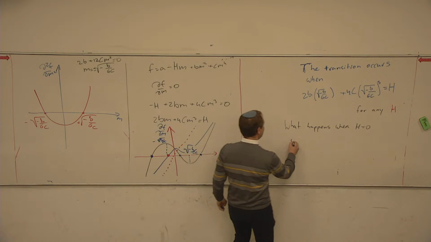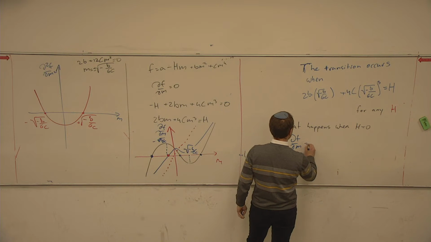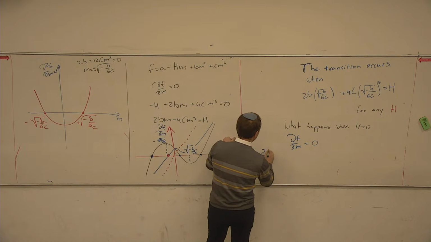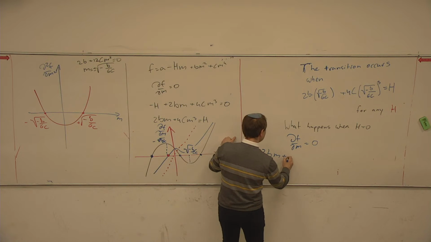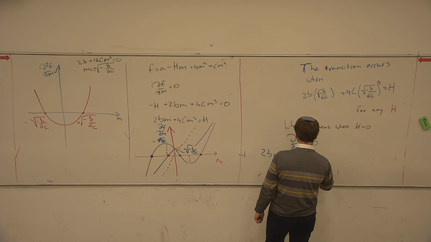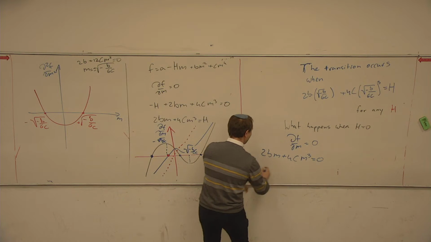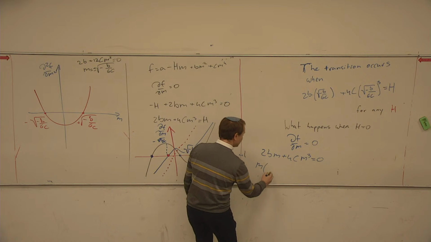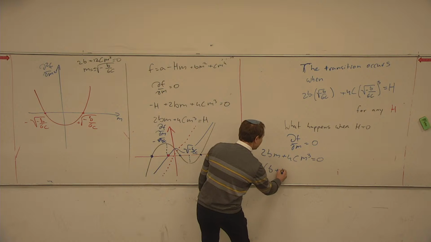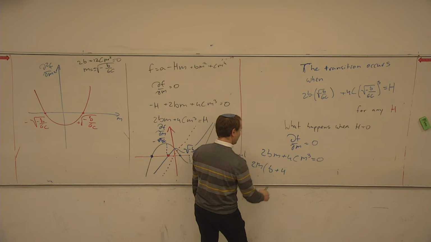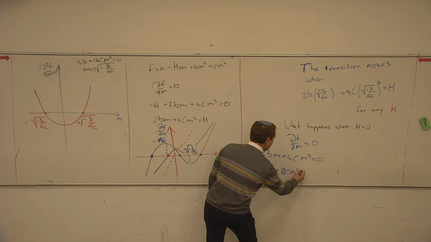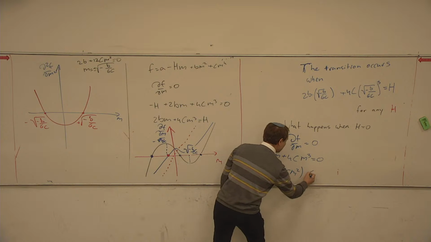We obtain from here that it appears when 2bm plus 4c m to the third equals 0. We can take 2m out, and inside we have b plus 2c m to the second power equals 0.